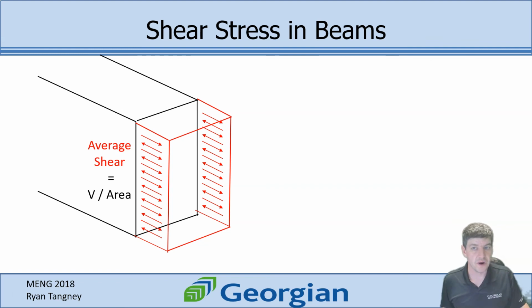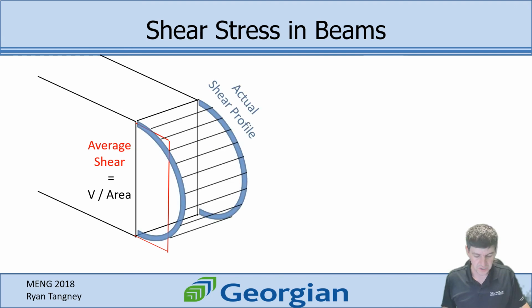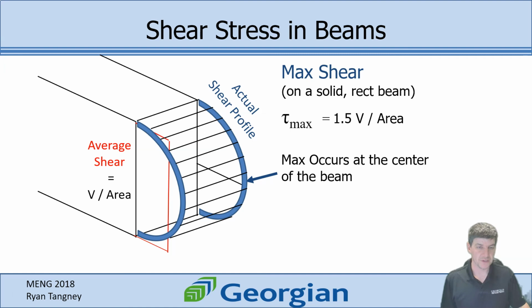If we were to look for our maximum stress, the distribution looks a little different. So our distribution of stress actually is more of a rounded profile. And what that means is that the average stress is not too bad of an approximation, but it doesn't find our peak. And our peak stress happens right at the center of the beam.